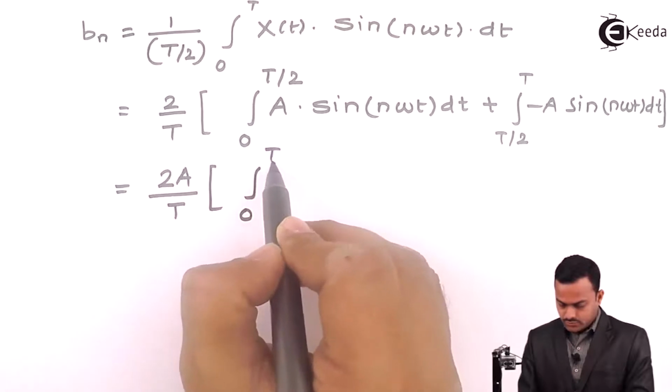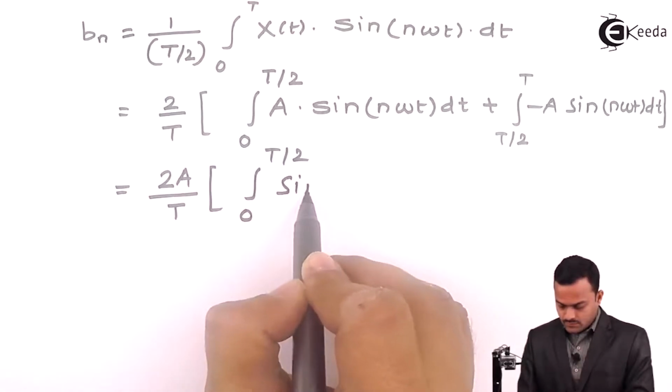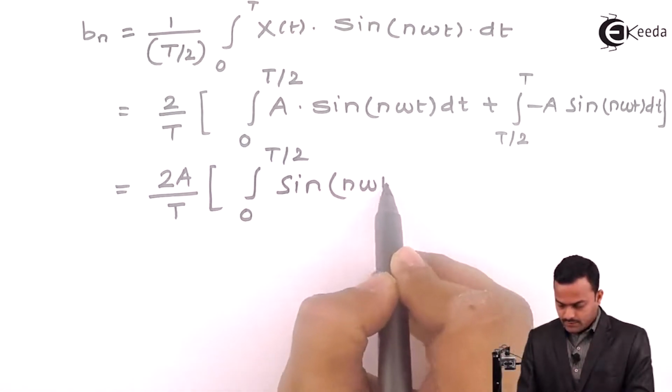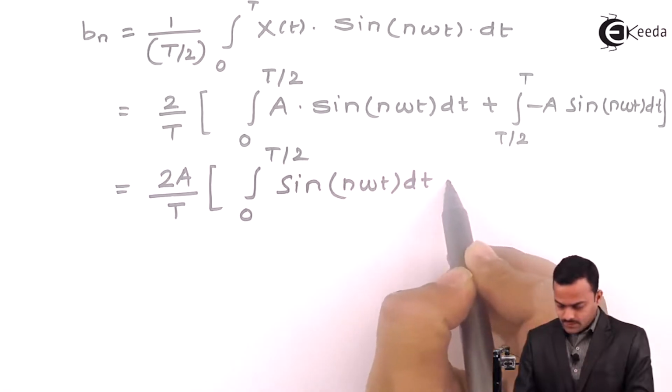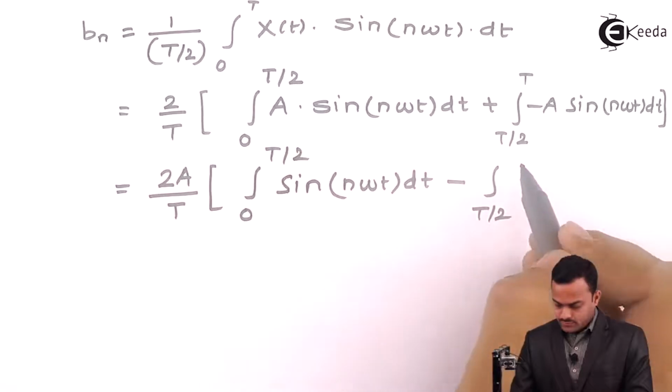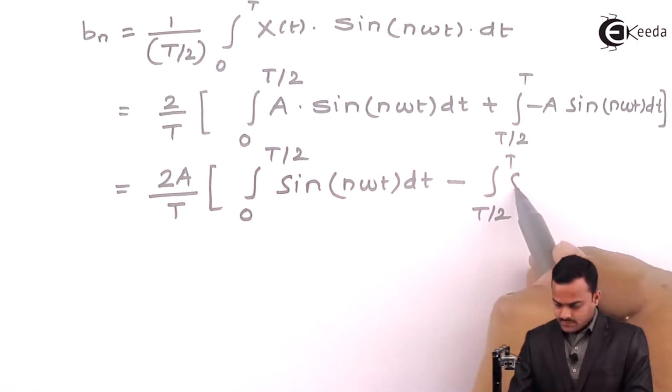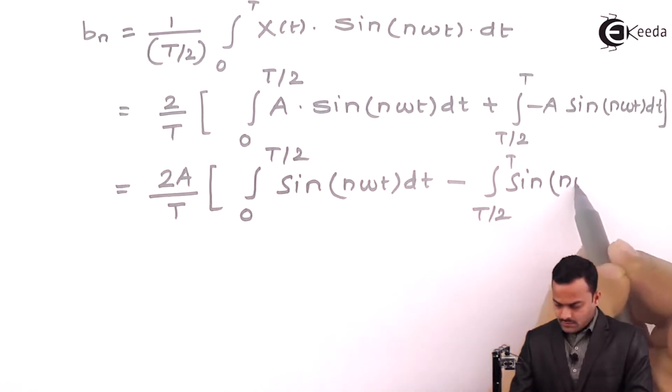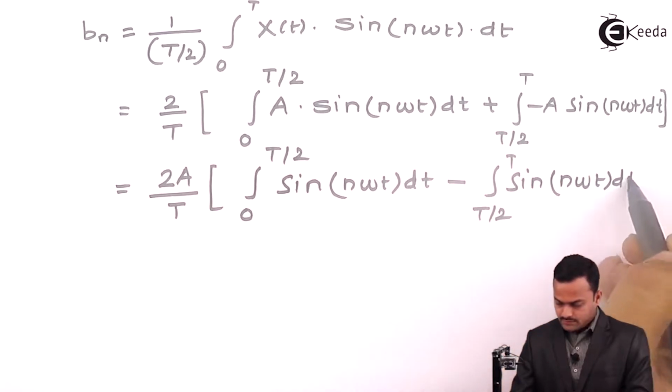Inside the bracket we have integral 0 to T by 2 sine n omega t dt minus integral T by 2 to capital T sine n omega t dt.